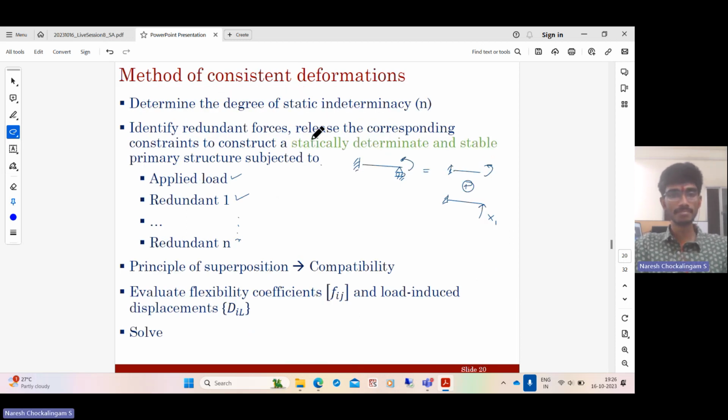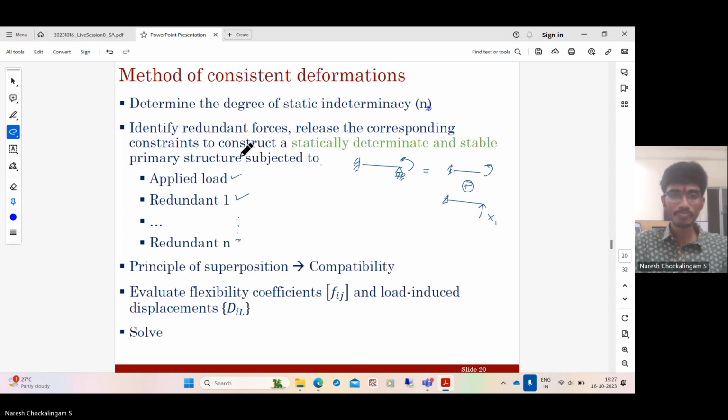So the method of consistent deformation is very clear. Given any structure, you determine the degree of static indeterminacy, because that will be the number of unknowns which you will be solving for. So if the static indeterminacy is ns, you need to arrive at least at ns geometric compatibility equations.